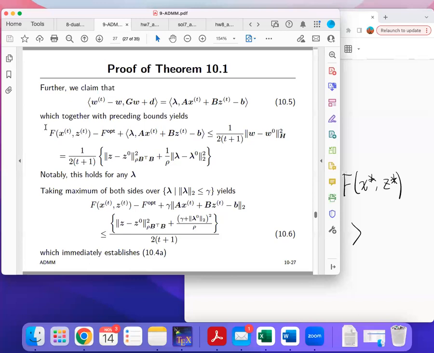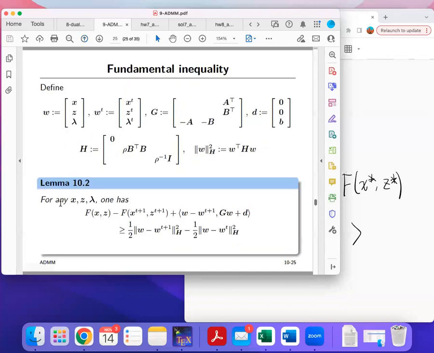And note that up to now, what we showed is that this inequality holds for any lambda, because we start from this lemma, and this lemma says this one holds for any lambda.